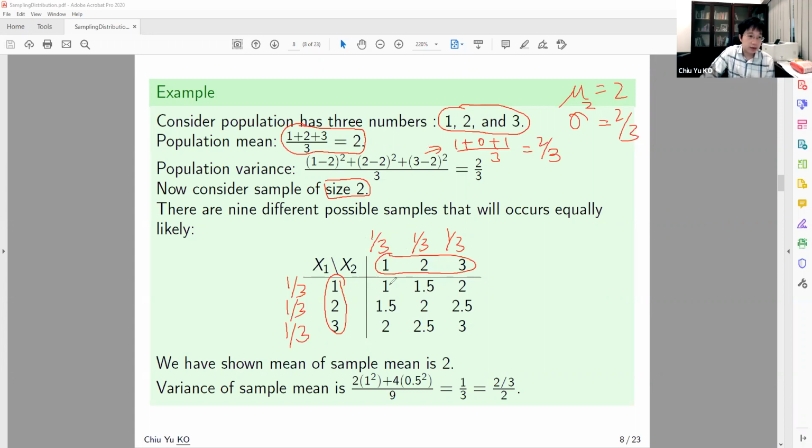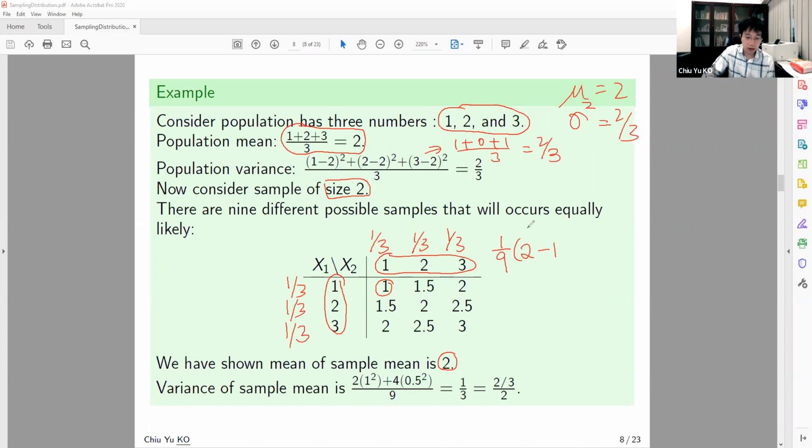And this is the sample mean, right? This is 1 plus 1 over 2, 1 plus 2 over 2. This is how you get this table. And the result in the previous example is 2. Now, we want to know the variance of the sample mean. How you get it is, each observation is 1/9.